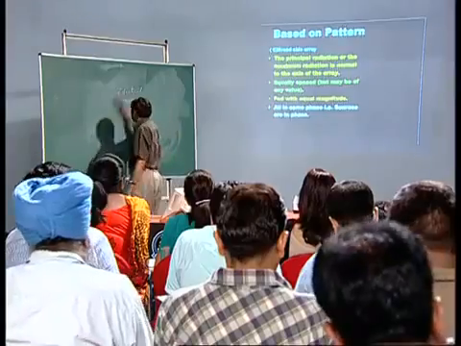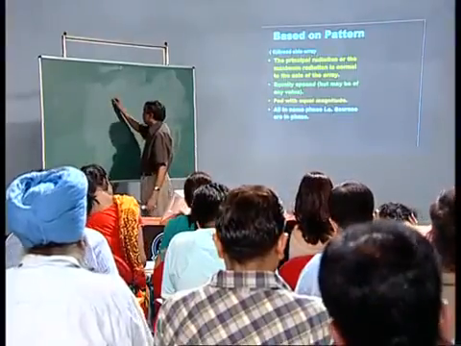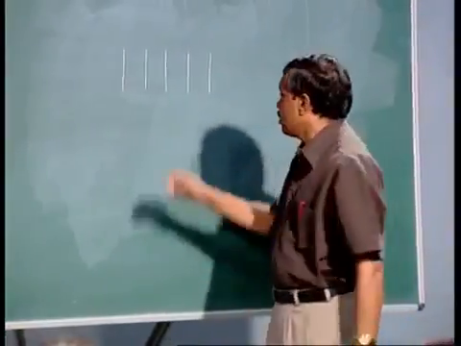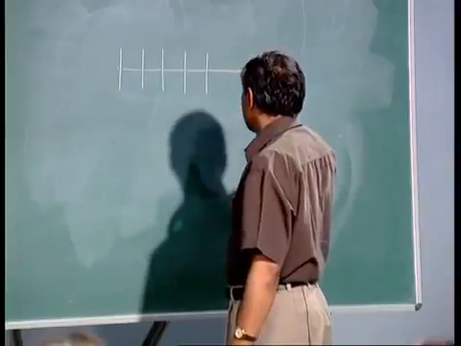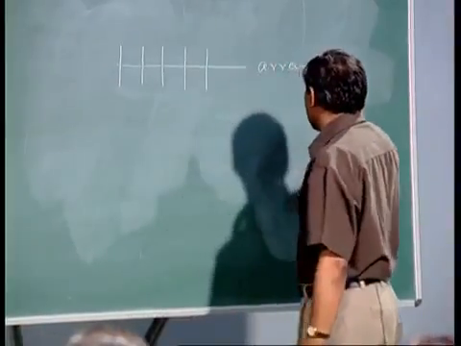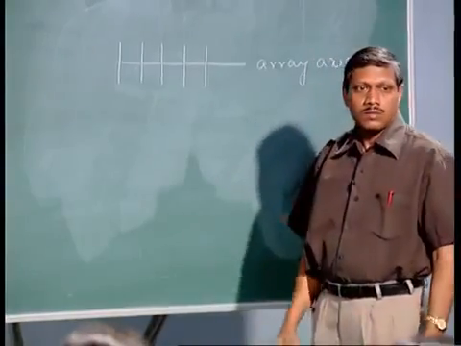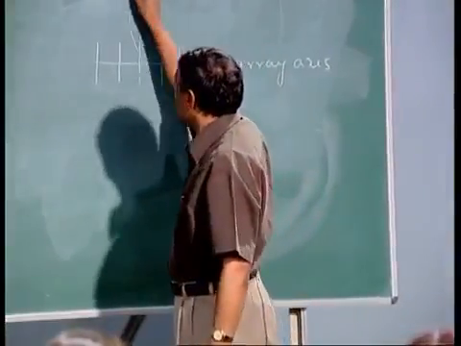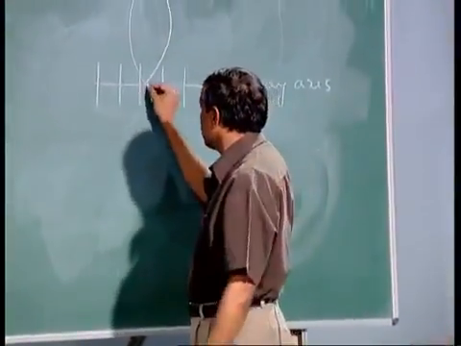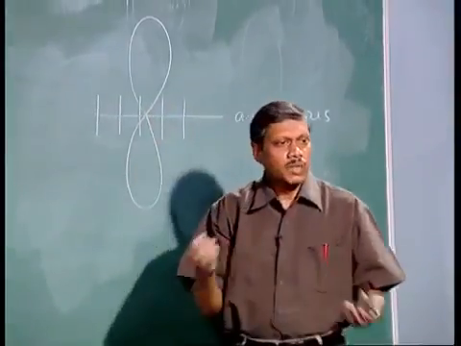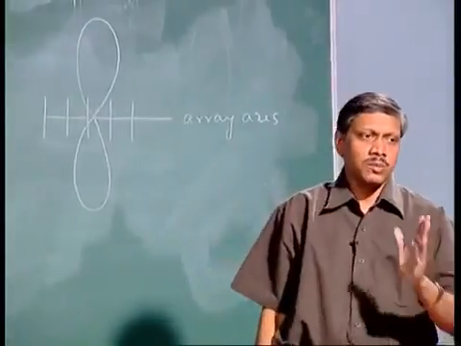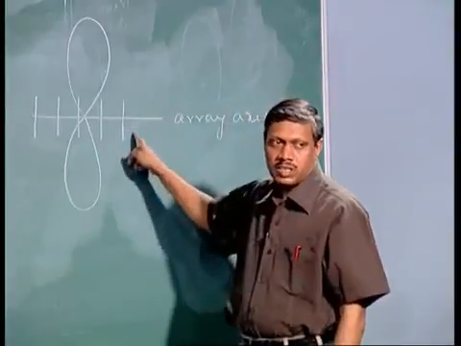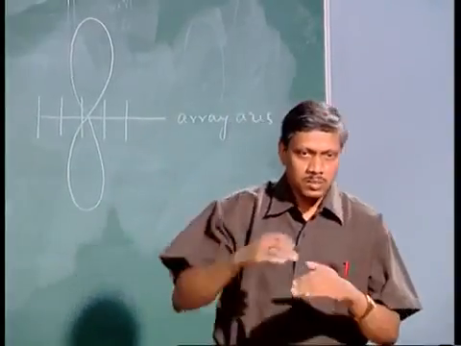For example, if you have the elements placed like this, this is the array axis. If the radiation takes place in a direction perpendicular to the array axis, it may be bidirectional or unidirectional, but the direction should be perpendicular to the array axis, then this type of antenna array is named a broadside antenna array.